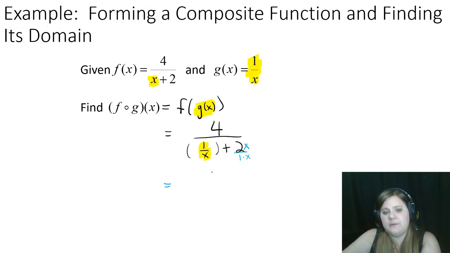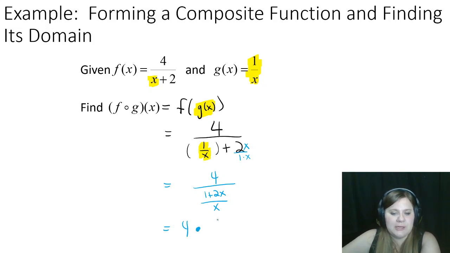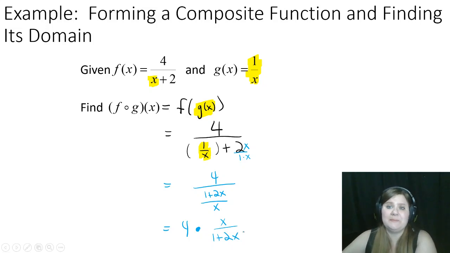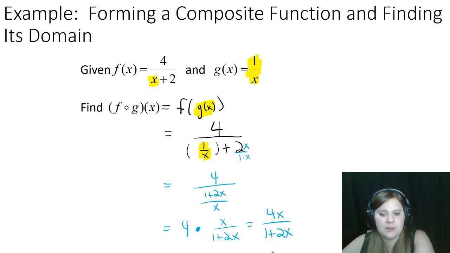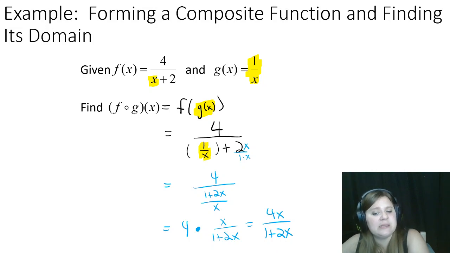Now that gives me 4 over 1 plus 2x over x. But keep, change, flip, or dividing by a fraction is the same thing as multiplying by its reciprocal, turns into this. And then I get 4x over 1 plus 2x. All right. Now, that is the function f of g of x.